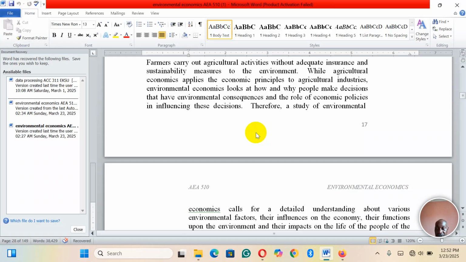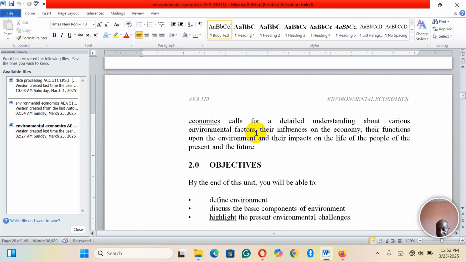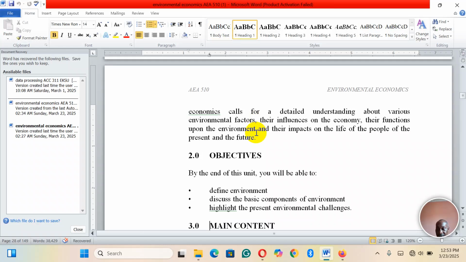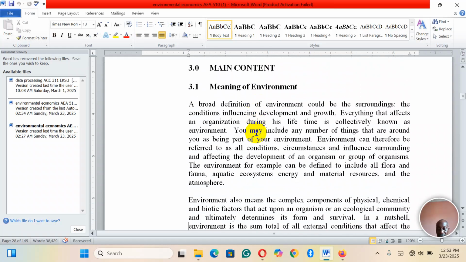So, therefore, a study of environmental economics calls for a detailed understanding of various environmental factors, their influence on the economy, their functions upon the environment, and their impact on the life of the people of the present day. So we look at what the environment is.